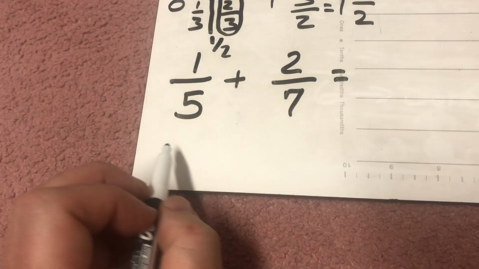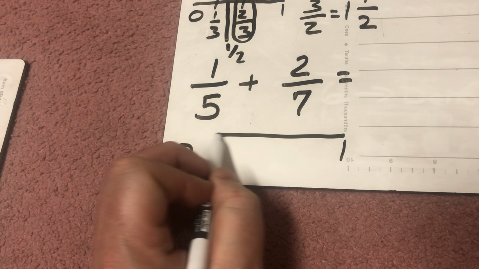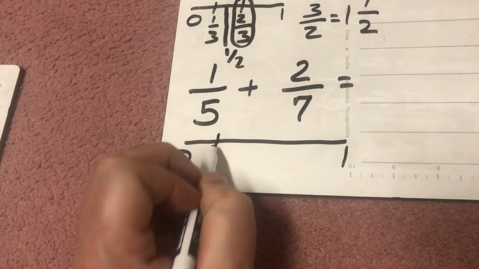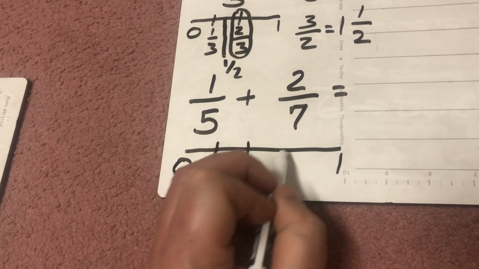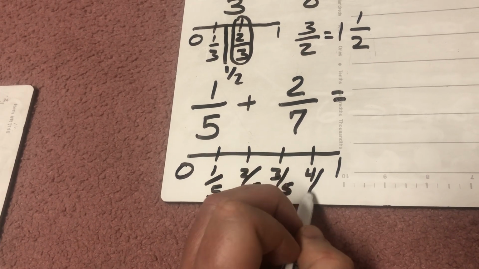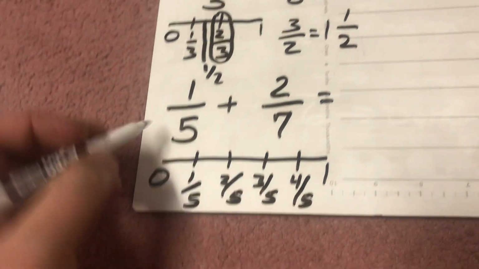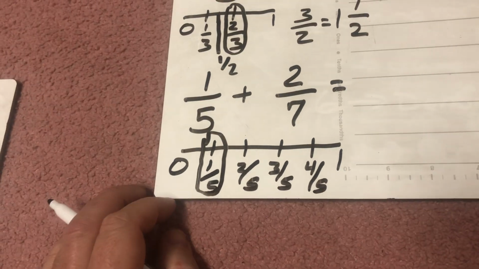1/5 plus 2/7. Well, let's think with 1/5, 0, 1. The denominator's 5. So 1/5, 2/5, 3/5, 4/5. The fraction in question is 1/5.